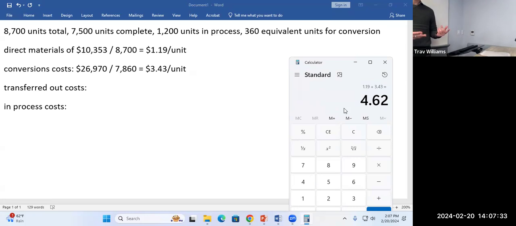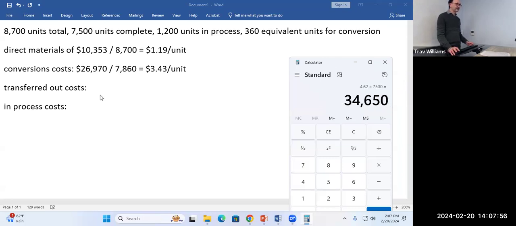We could have multiplied each of these costs by 7,500 and then added them together. But instead, we could just add these together first. We get a total cost of $4.62 per unit. That includes the materials and the conversion, and then multiply it by the 7,500 units that were completed.